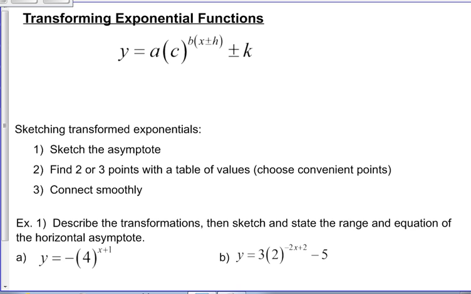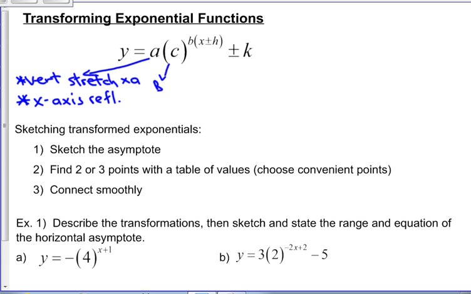Now that we've got the basics, we're going to transform them. And we have our typical set of parameters that we can work with. So we could have a vertical stretch factor. That's what a does here. And it would be by a factor of a. If you had a negative a value, this could be an x-axis reflection.